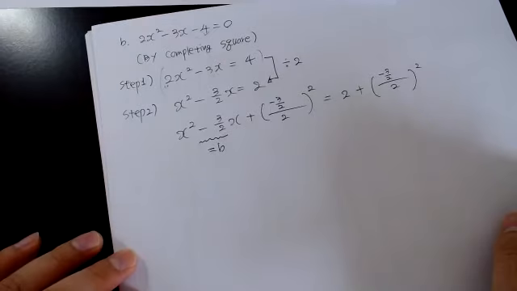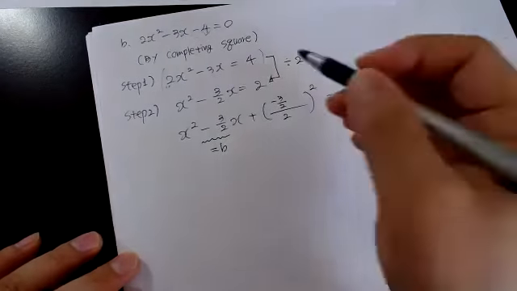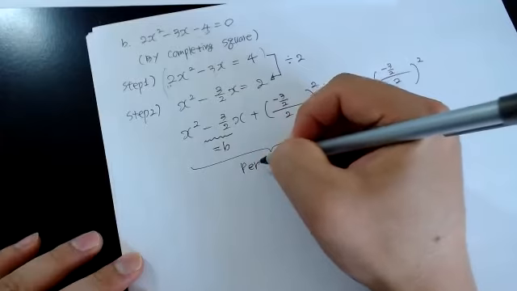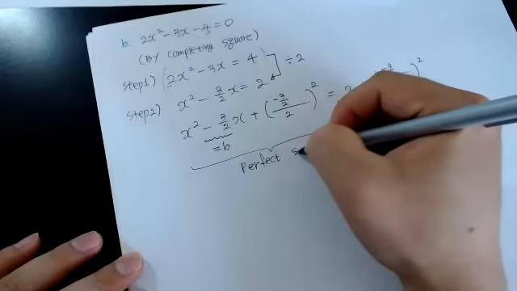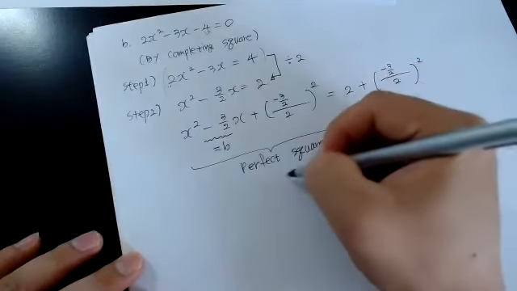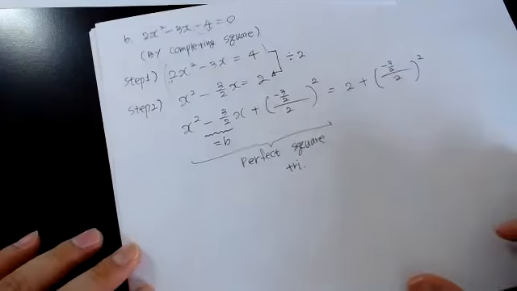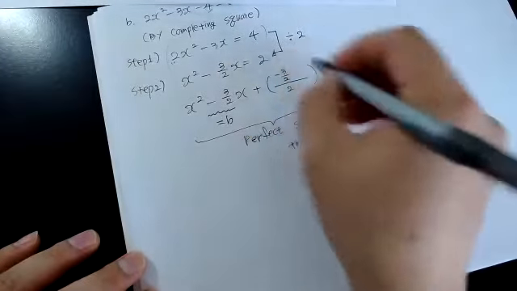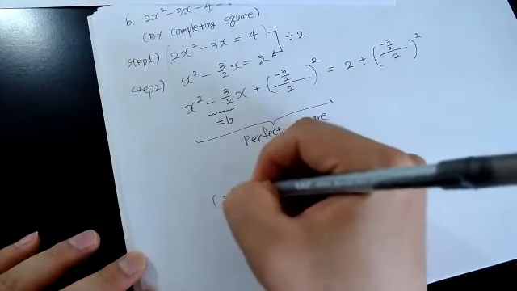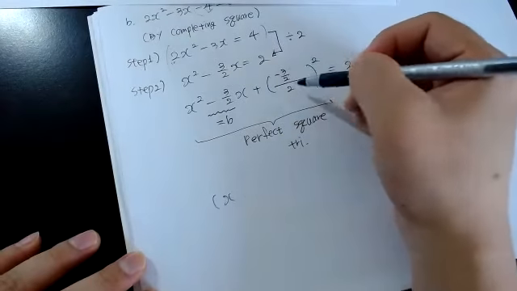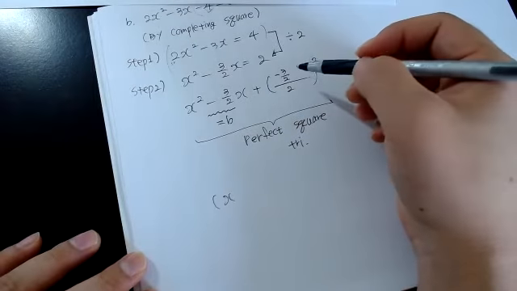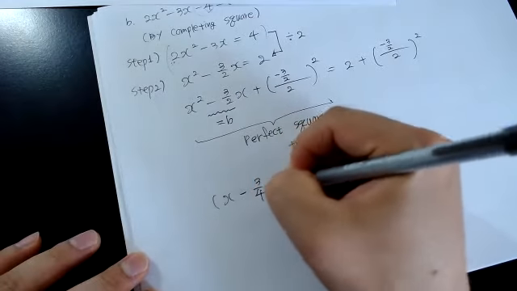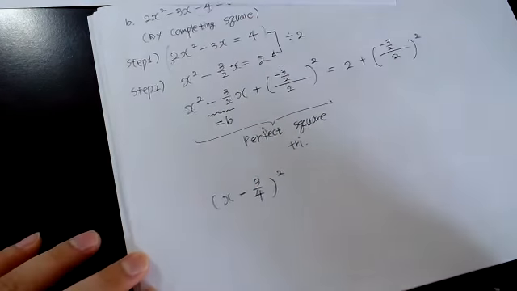Okay, so then that's going to be a perfect square trinomial, which can be factored as a perfect square, x plus negative 3 over 2, which is negative 3 over 4. So we got x minus 3 over 4 squared.